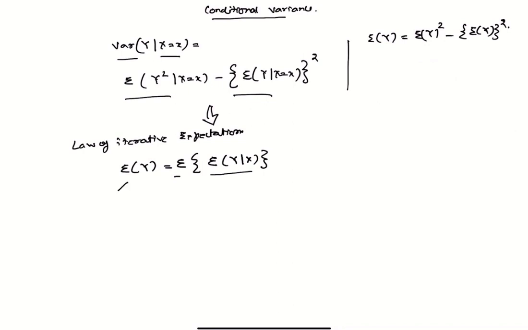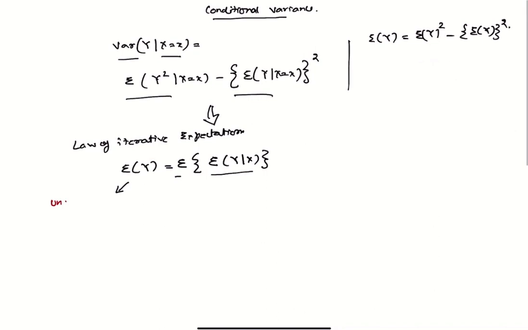So this is the unconditional expected value of the random variable y, and this here is the expected value of the conditional expected value. That's the expected value of y.